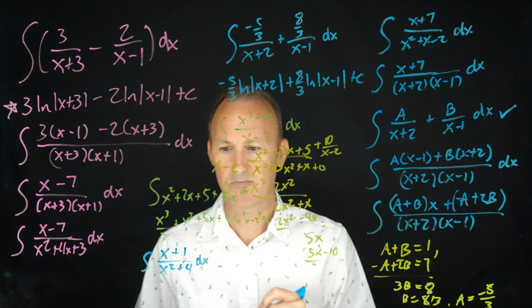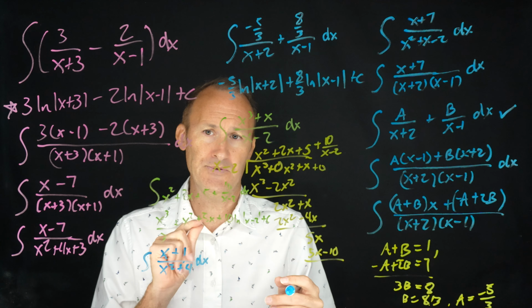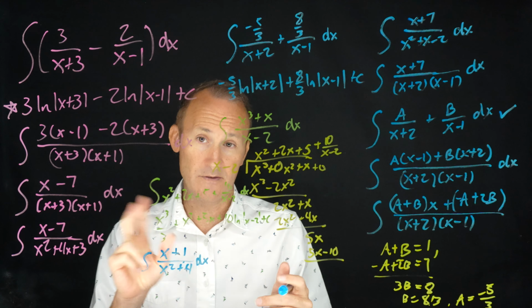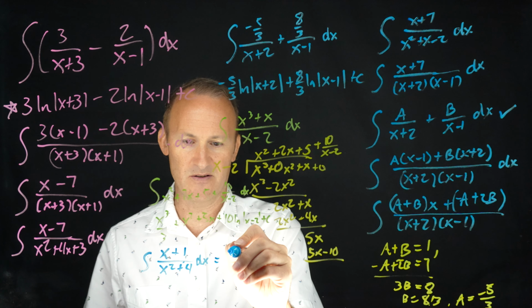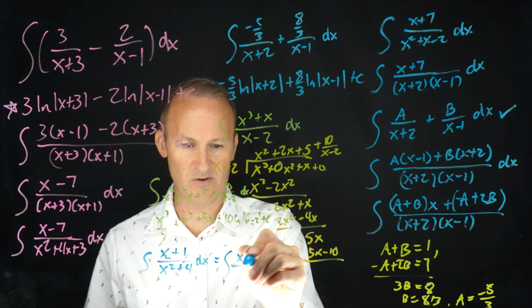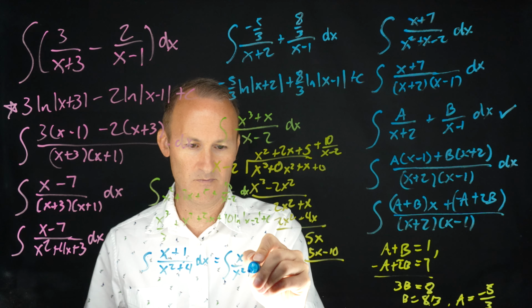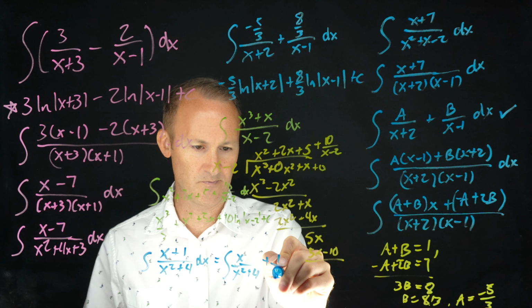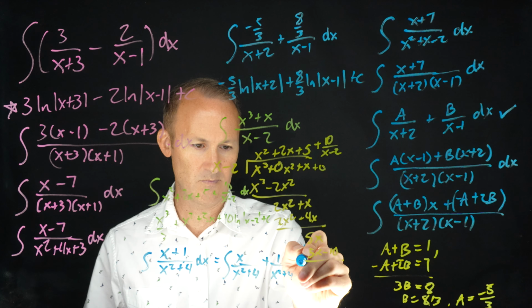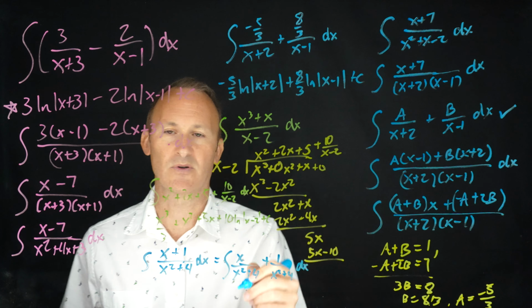Okay, how are you going to factor the denominator? Ooh, issue. So what you would do is separate it out into x over x squared plus 4, and then 1 over x squared plus 4. And you would treat these separately.